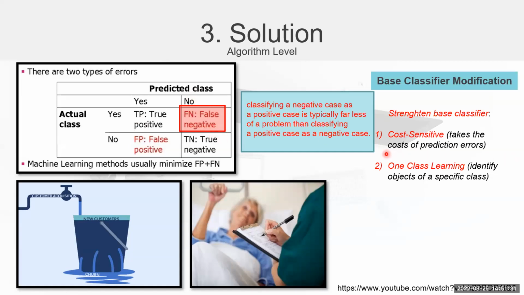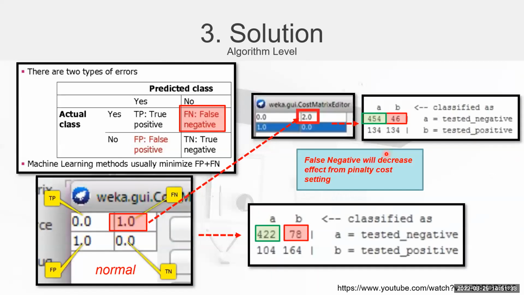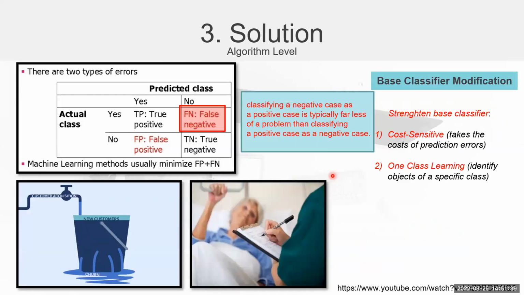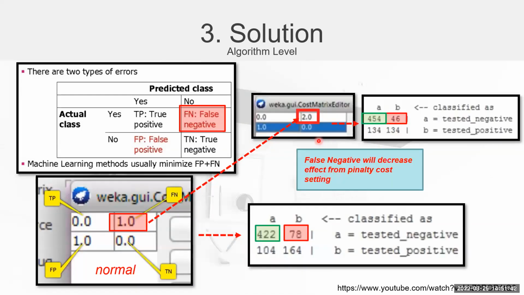So in this case, we can use what is called cost-sensitive learning. We can make the algorithm take a higher penalty cost if the model wrongly predicts the training data.